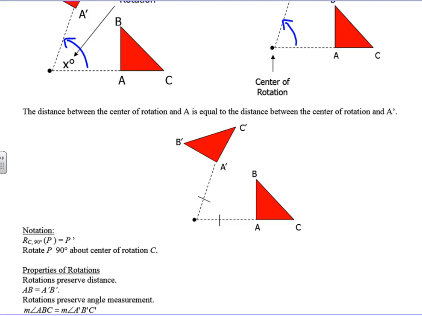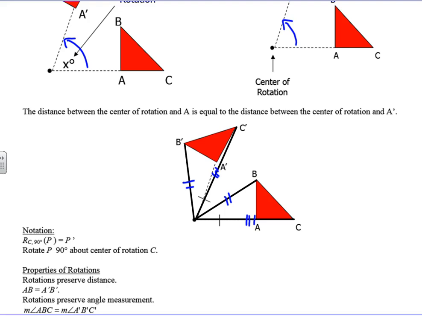That would also be true for B and B prime, and for C and C prime, those distances would also be the same, because it doesn't get any further away from the center, it's just moving along.